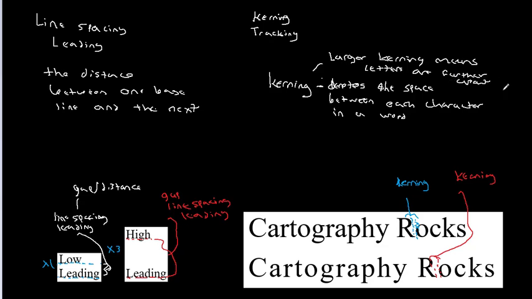So that's kerning. An alternative way that we could approach this problem would be through tracking. Now, tracking, instead of specifically designating a distance between individual characters, will try to make all of the characters fit within a given area. So it focuses more on the average distance between characters to make the entire word fit within a given area.